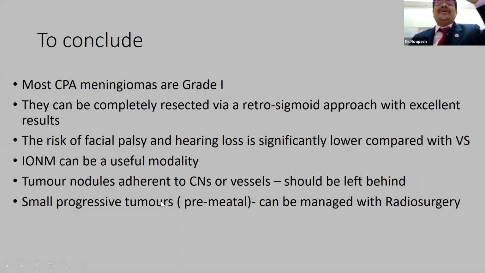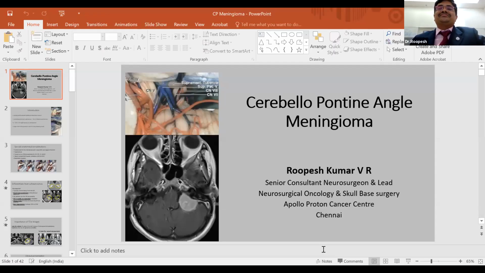The strategy is to leave behind tumor nodules adherent to the vessel perforators and the cranial nerves, to prevent morbidity, and they can always be addressed by gamma knife or stereotactic radiosurgery at a later date. Small progressive tumors, incidental ones that are growing especially, can be treated upfront with radiosurgery, and you can avoid surgery.